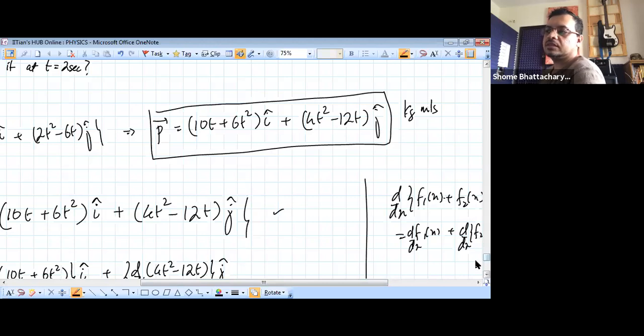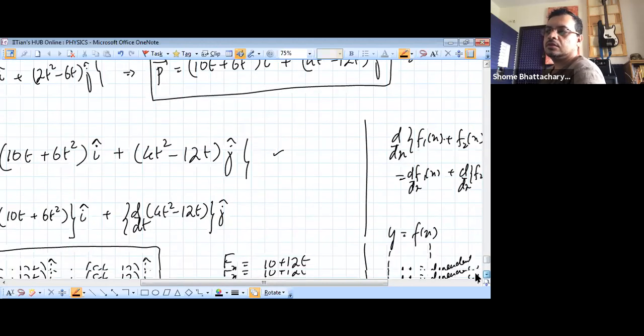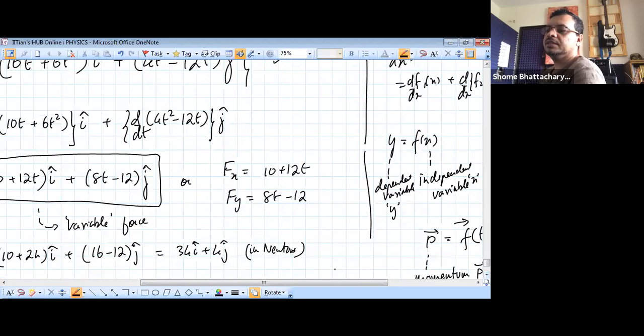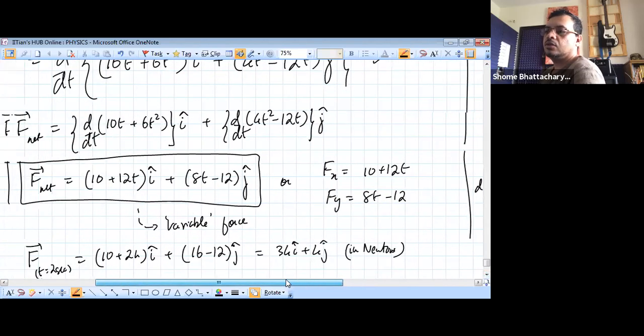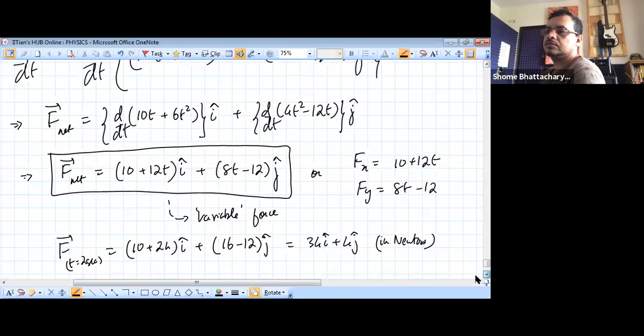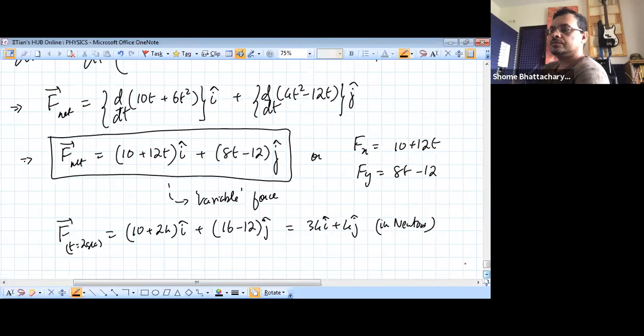You understood, Nikita, how we are using the term function of over here. It's the same meaning that we have function of in maths or in the calculus branch. This is called a single variable function. The value of momentum depends on the single variable, which is time. It does not depend on anything else.